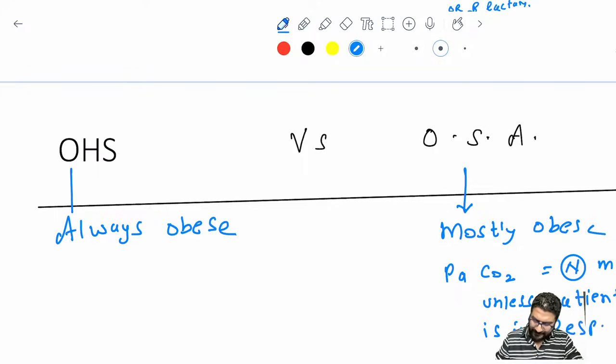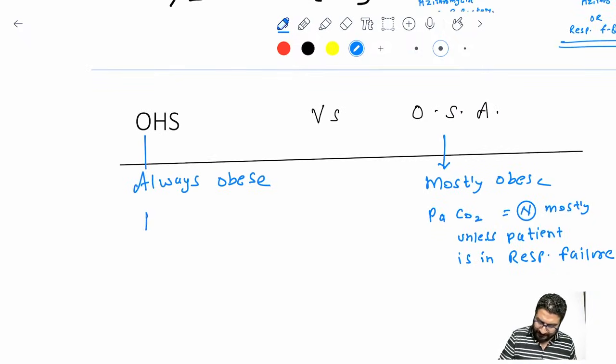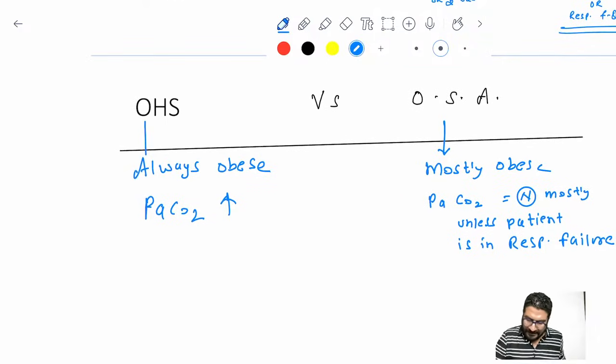Whenever patient will land up in respiratory failure, then of course PaCO2 will increase. But here remember, PaCO2 is on a higher side. So what I mean is, this patient will be in respiratory acidosis. And obesity means, of course, BMI will be more, right? Obesity means BMI will be more.